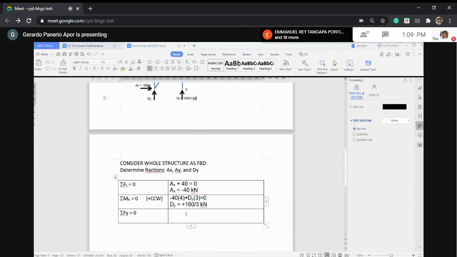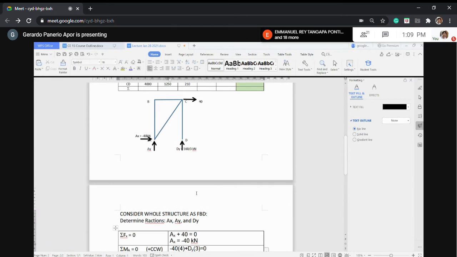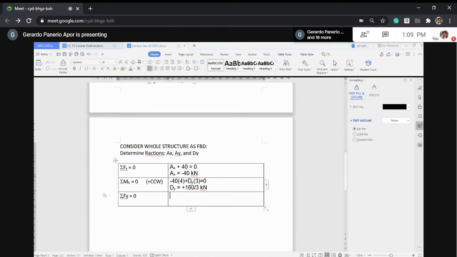Now, if we sum up forces in y equals 0, we have Ey plus Dy is equal to 0.